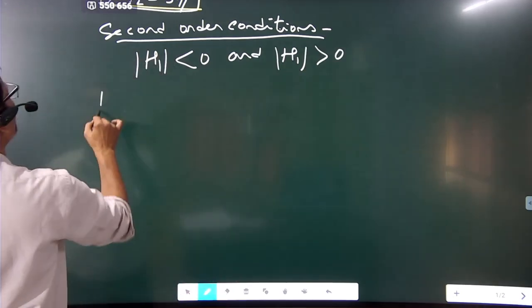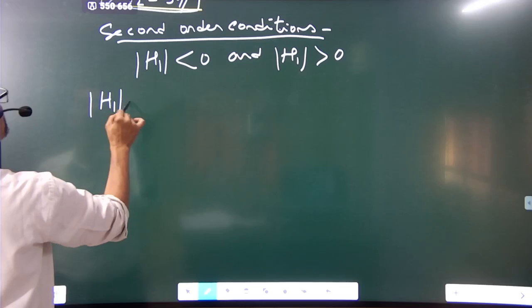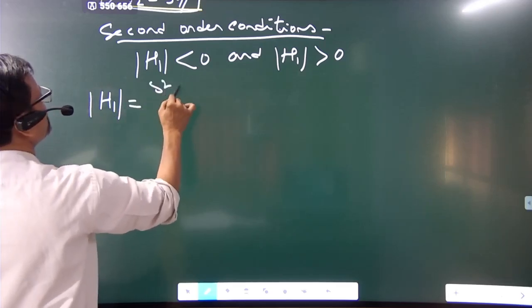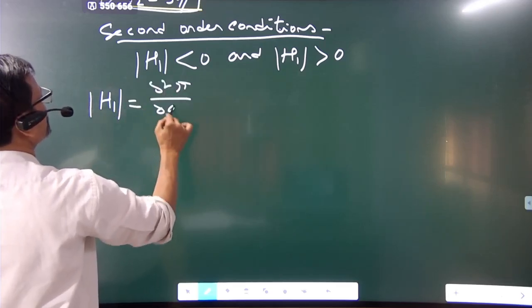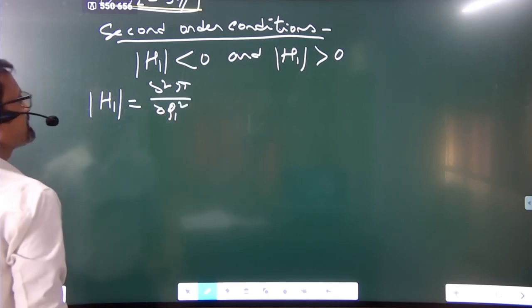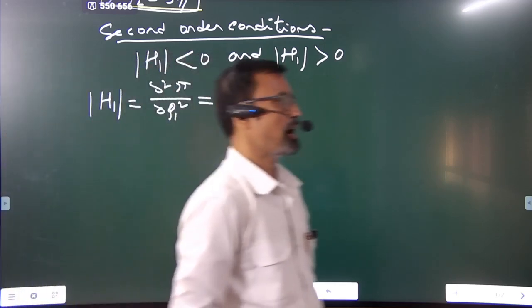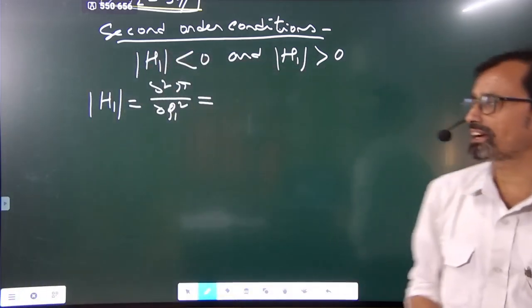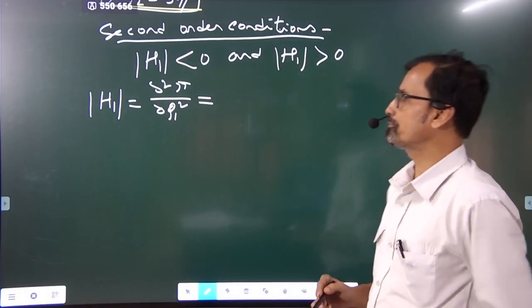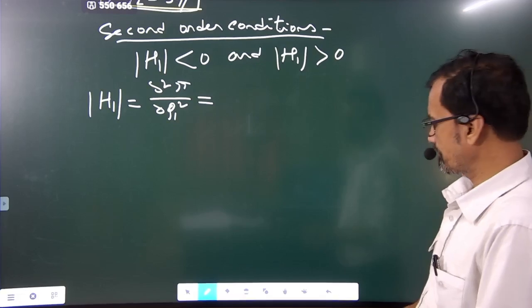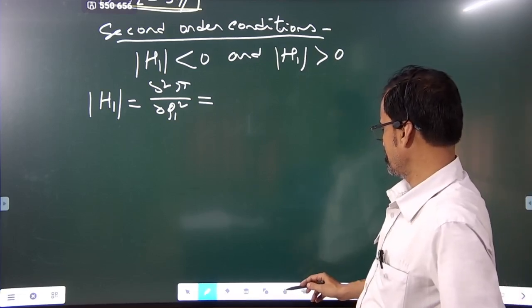So what will be the first Hicksian? Del square pi by del q1 square, that is, we are differentiating pi a second time with respect to q1.